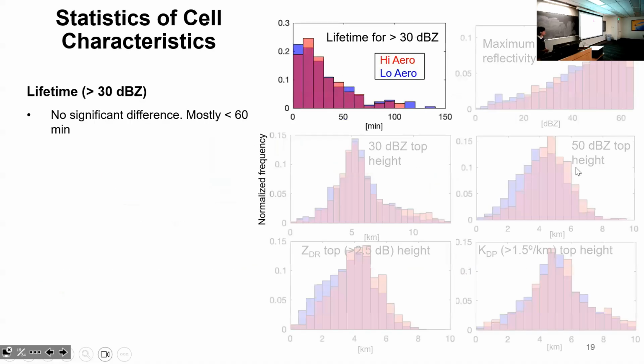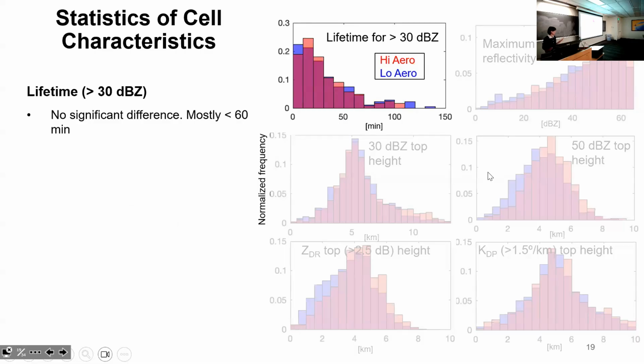And then we investigate the statistical characteristics of convective cells. These are the normalized frequency distributions. The first one is lifetime for greater than 30 dBZ.